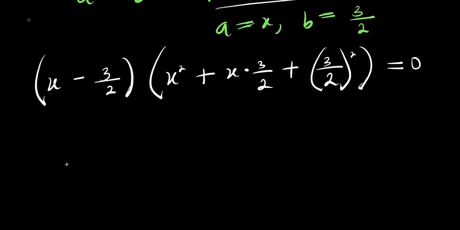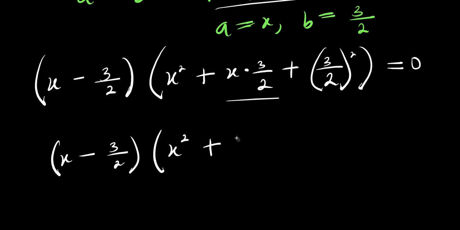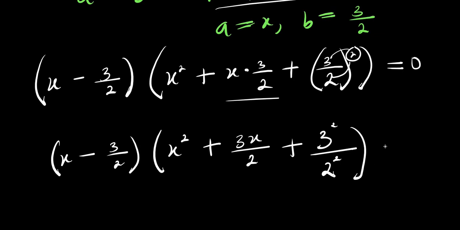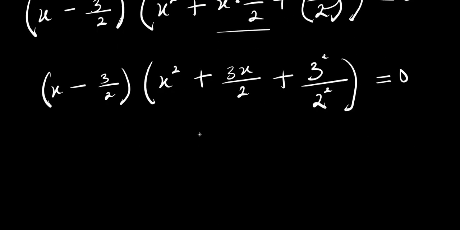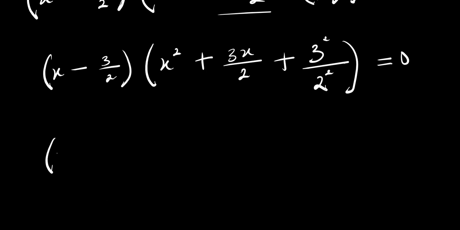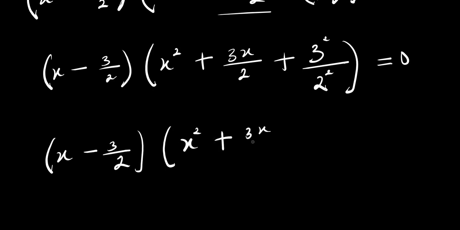So from here, I have x minus 3 over 2 times x squared plus x times 3, that is 3x divided by 2, plus I can distribute this to each of the terms here, I have 3 power 2 divided by 2 power 2, and this equals 0. So from here, I have x minus 3 over 2 times x squared plus 3x divided by 2, plus 9 divided by 4, and this equals 0.